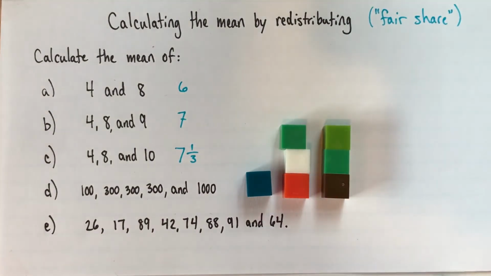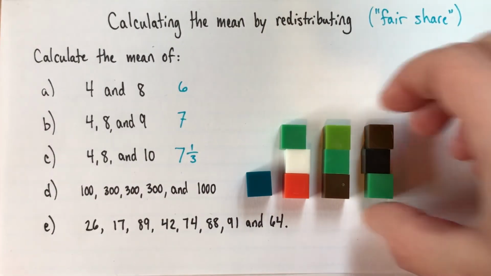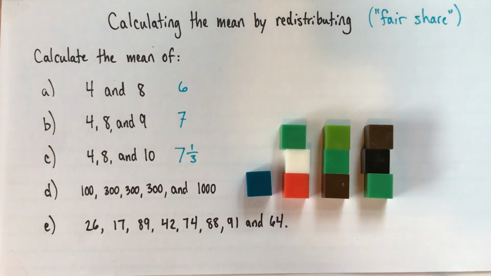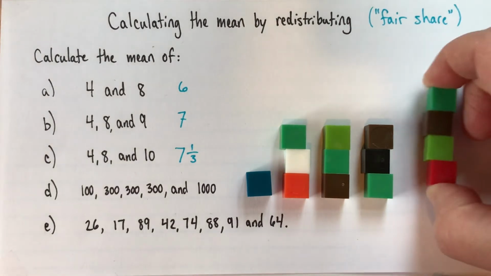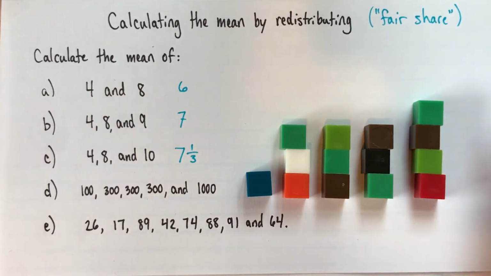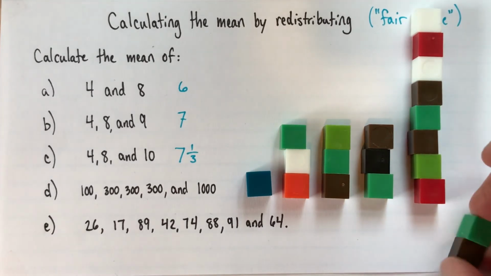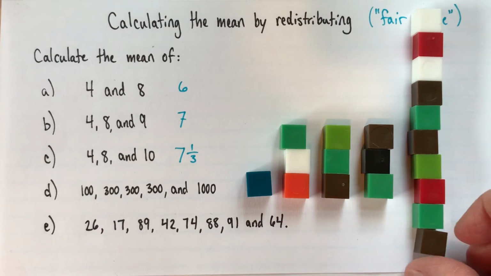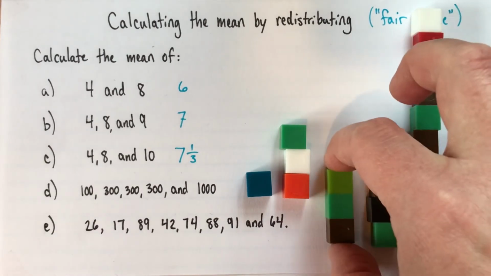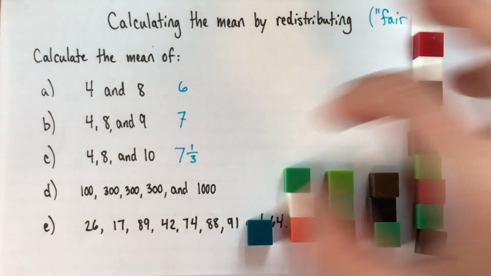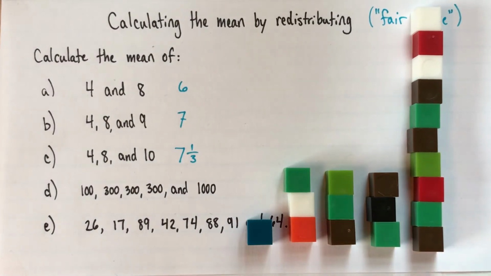There's another 300. We need 3 300s. There we go. And for 1,000, we need 10 hundreds. 1, 2, 3, 4, 5, 6, 7, 8, 9, 10. Now, they don't have to be lined up, but I think it's nice because it really helps you see when you've got things shared equally. Okay, so this is representing 100, 300, 300, 300, and 1,000.